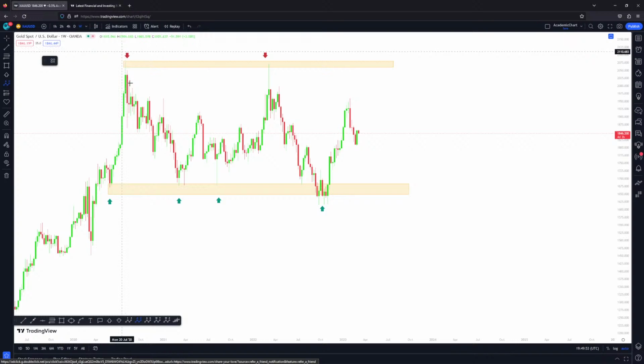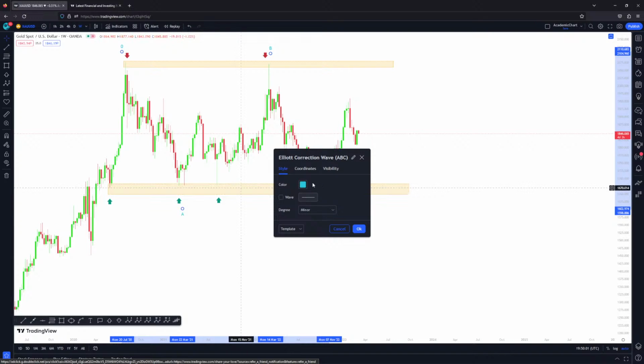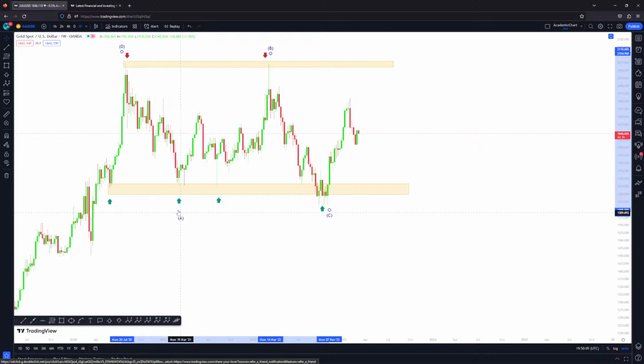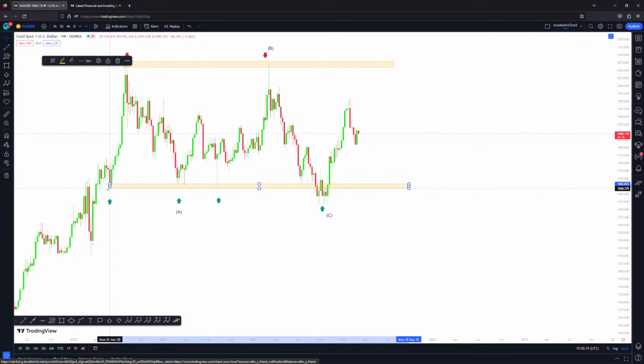Let's grab the two. This is A, this is B, and this is C. Let's change its color to something more visible. Also, this is going to be intermediate. Here we go. And these flats can sometimes be irregular. So if you're still not convinced about the support zone that I'm drawing, this can be an irregular flat.